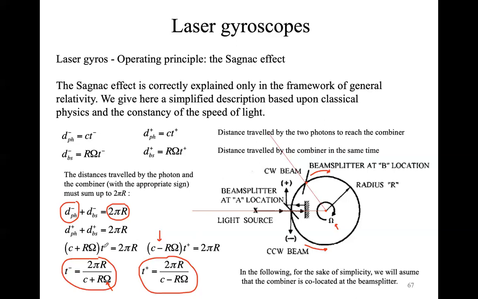So from these two, what we are going to measure is indeed the time at which the first beam, so this T minus, is approaching the beam splitter, and T plus is the time at which the other beam is going to approach the beam splitter. So you can see that this one will be larger than this T. By inverting these two expressions, we have found that T minus and T plus have these two expressions.